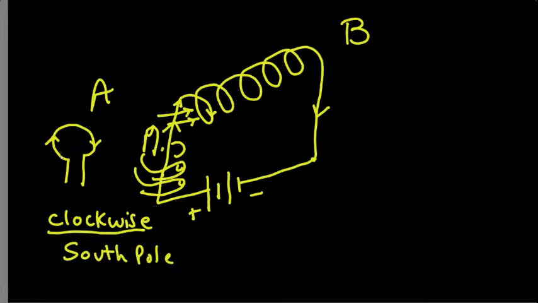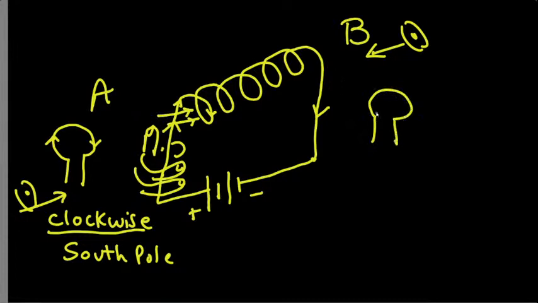Now I was looking from this side, my eye was over here. Now my eye goes to the other side and I am looking from this side. If I look at the circular loop from that side, what do I see? I turn it like this, and this is my view.